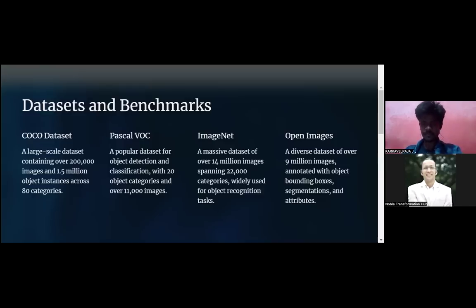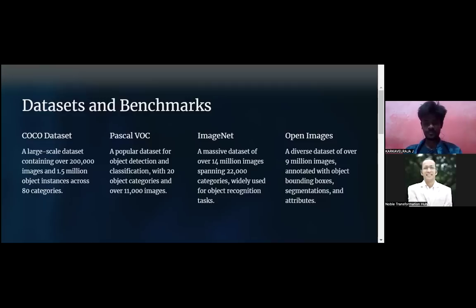Yeah, guys. So, datasets and benchmarks. The COCO dataset is a large dataset containing 2 lakh images and 1.5 million object instances across 80 categories.